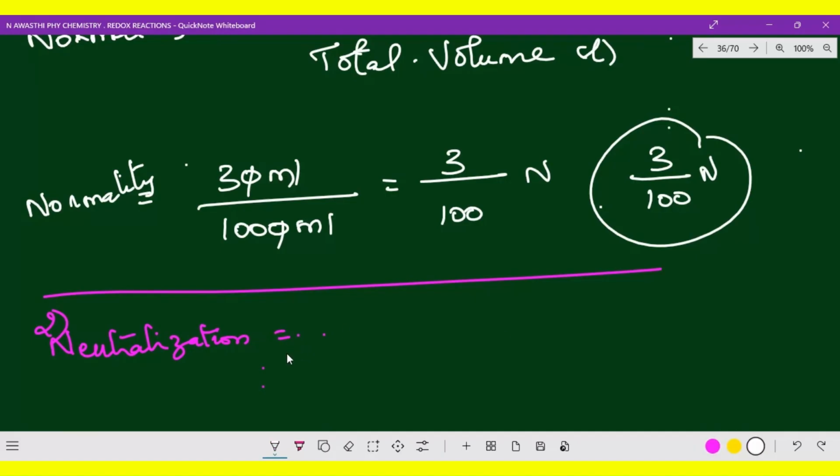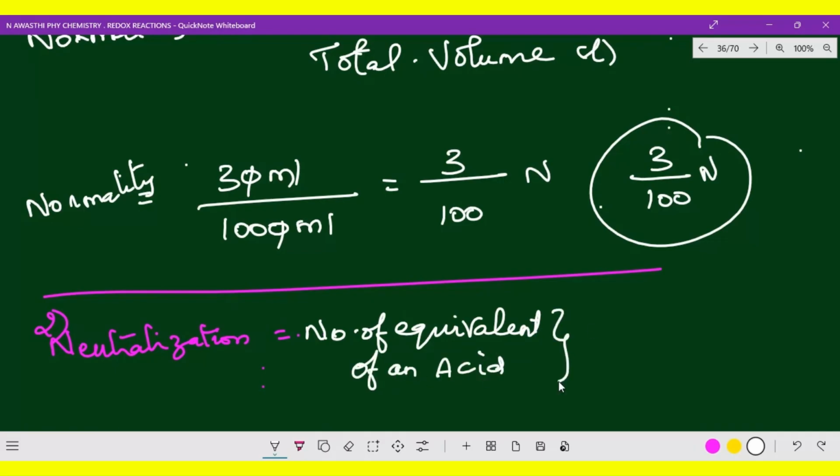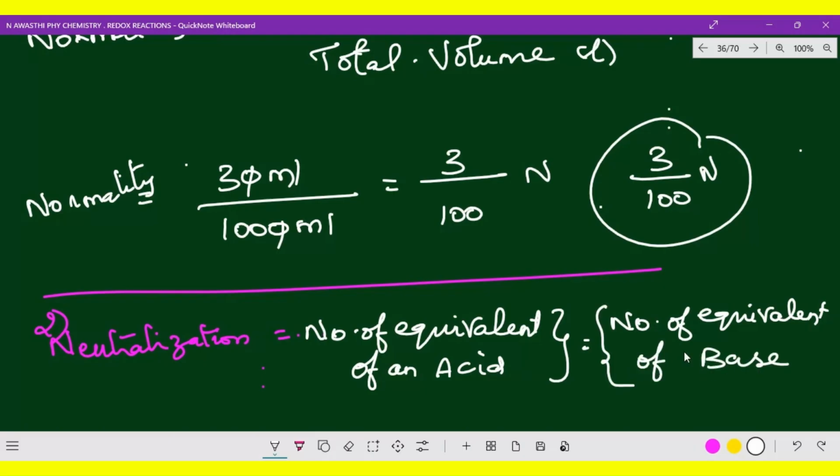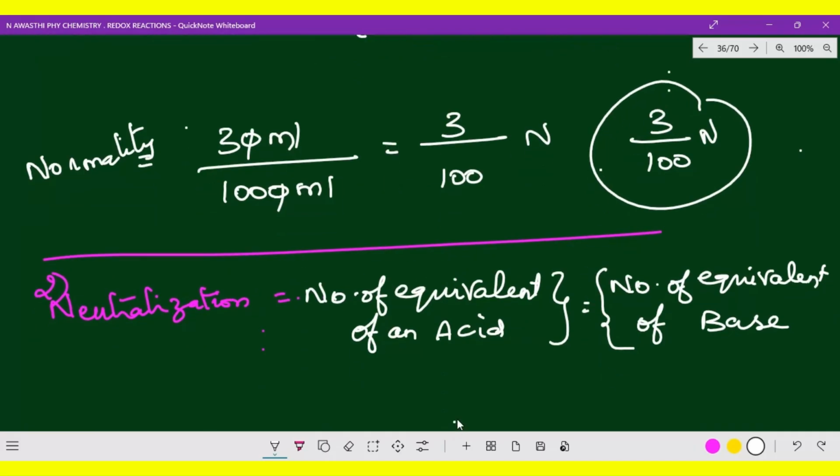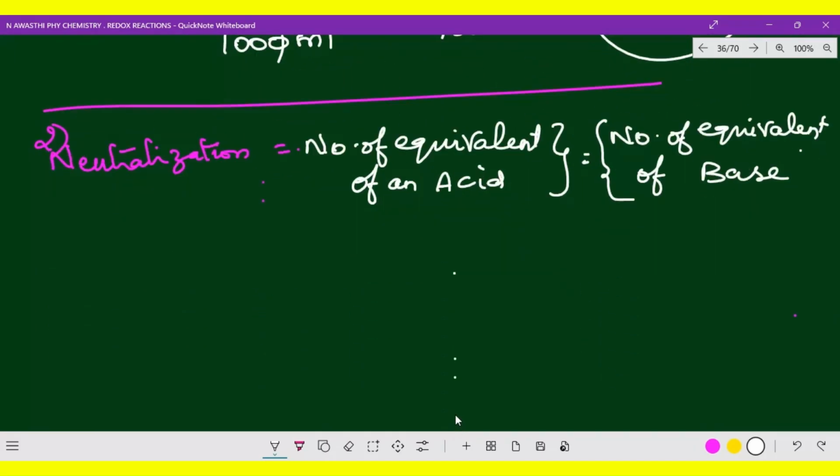Here the number of equivalents of an acid is equal to the number of equivalents of base, right? This point is very, very important. So equivalent of an acid is equal to equivalent of a base.